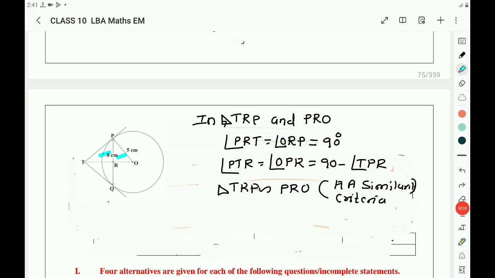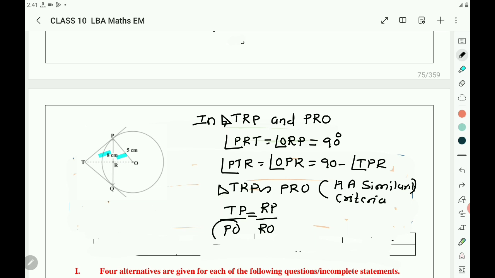Then as we have to find out TP, write the ratio of the corresponding sides. TP by PO equals RP by RO. Here TP is to be found. PO is known, RP is known and RO is known.